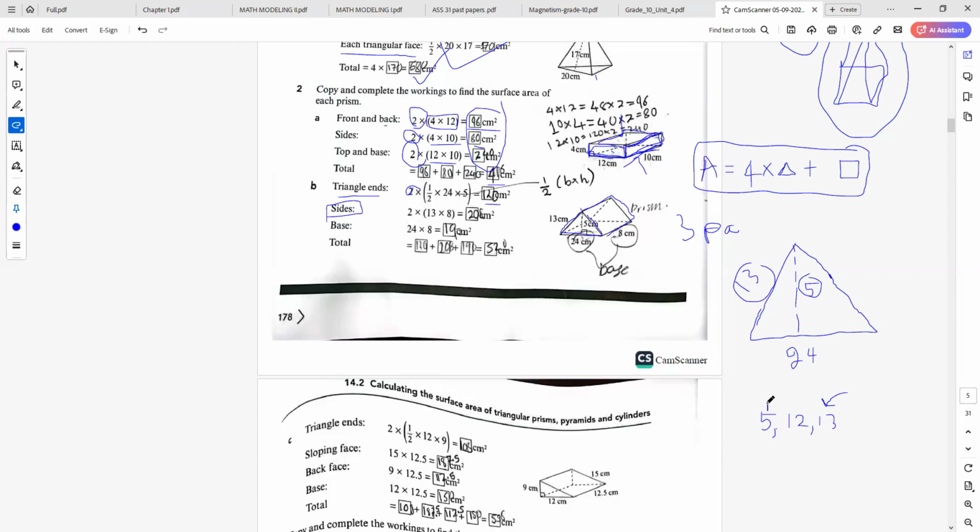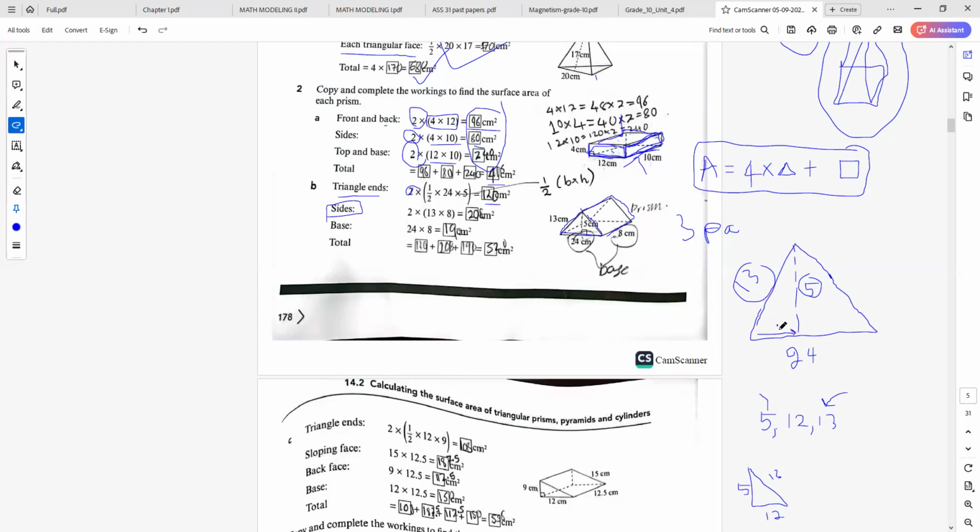If the hypotenuse is 13 and one of the adjacent sides is 5, then the other will be 12. In a right angle triangle, if the hypotenuse is 13 and this is 5, then the rest of the side will be 12. So here, this is 5 and this is 13, so definitely this is 12.